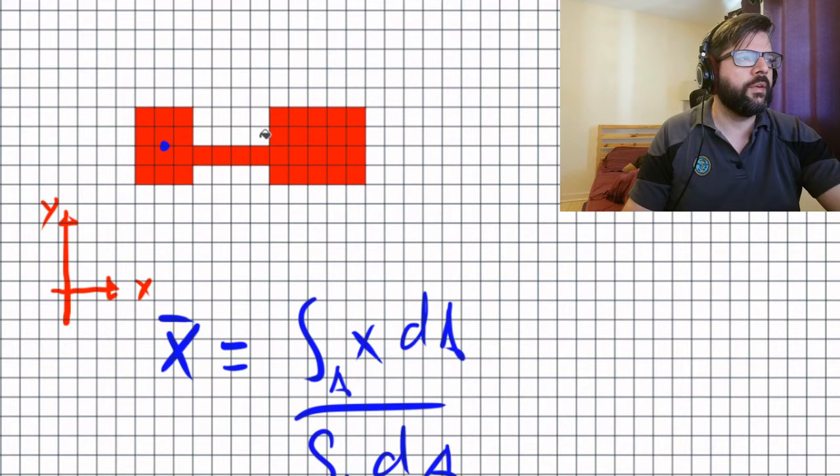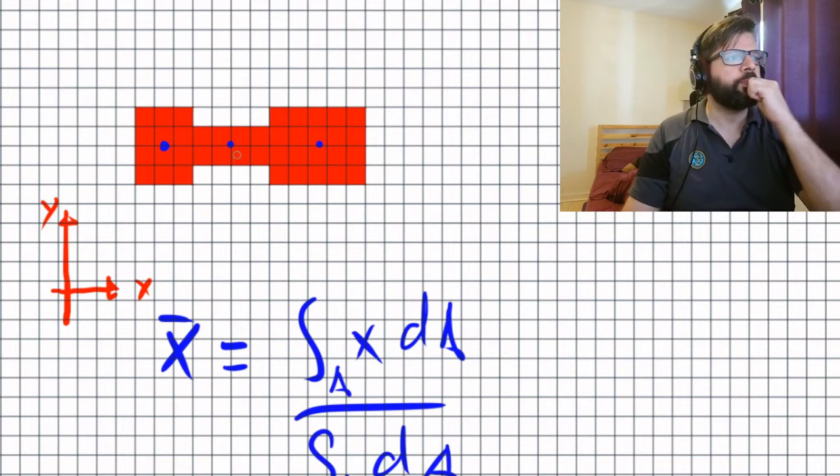Okay, so only worrying about the x, this one centroid there, one centroid there, one centroid there.